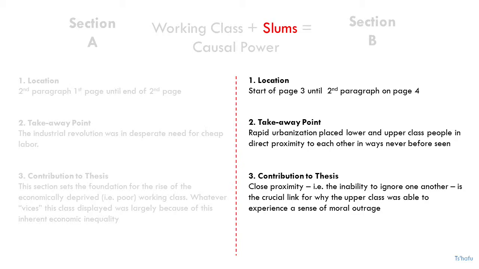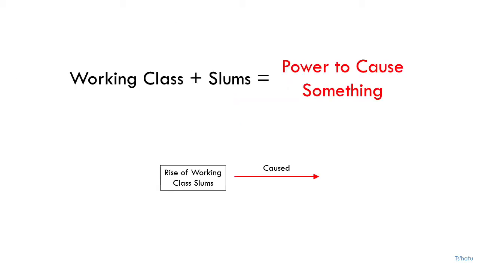We have the location, we have the takeaway point, and as I said before, the takeaway point is not about slums, but about its close proximity, bringing lower class folks in close proximity with upper class folks. And that is now allowing, so to speak, for the upper class to become morally outraged in the first place. So here we have done it then. We have made it a point to convince our reader that working class and slums indeed gave rise to this power to cause something.